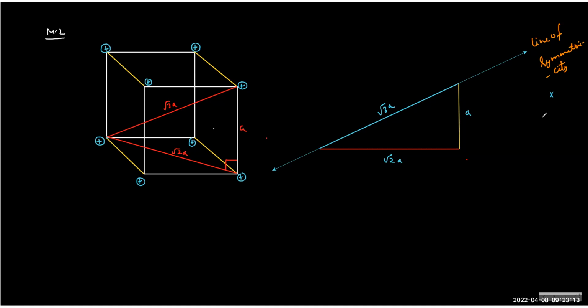Let's call this angle alpha, this as beta. So every force must be resolved along the line of symmetricity. So you can see what is the angle between the edge and the line of symmetricity? Beta angle. So any force acting along the edge will be beta angle away from the line of symmetricity.